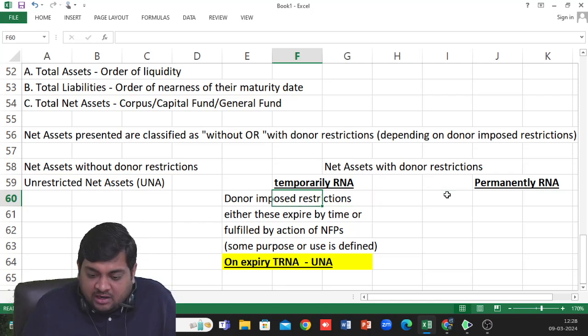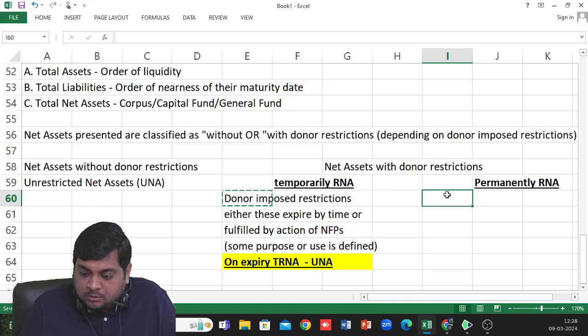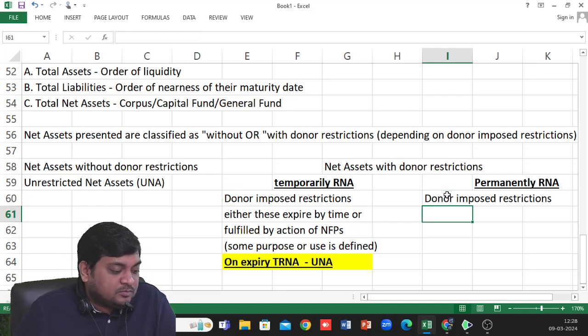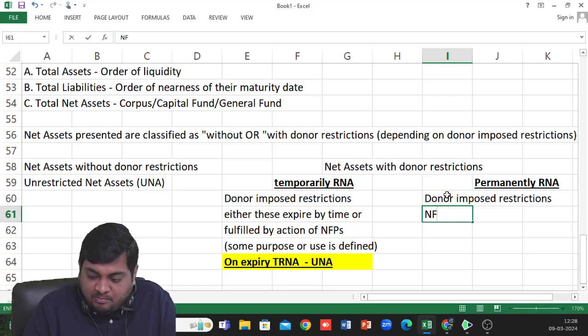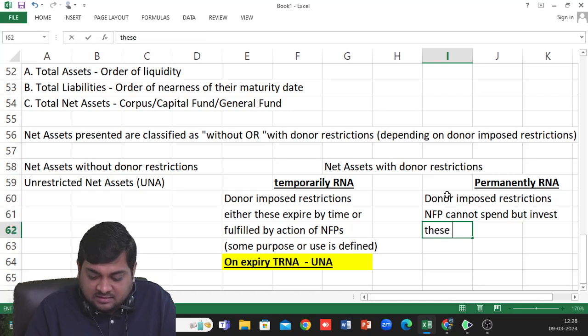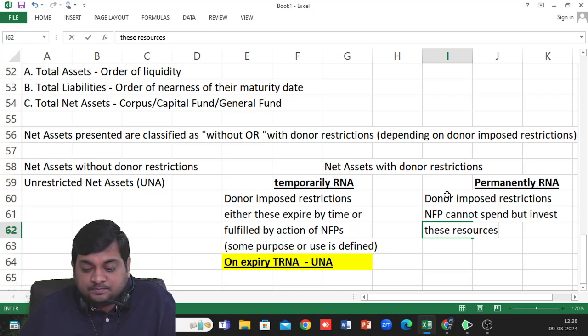It is also a donor imposed restriction, right? The NFP cannot spend but invest these resources, right?